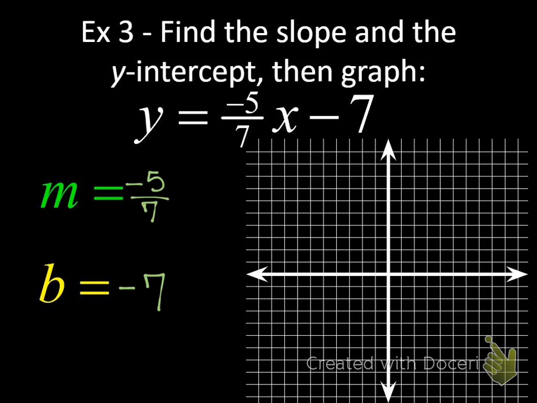Okay. So what do I graph first? -7. So I go to my origin, up or down? Down. 1, 2, 3, 4. And then my slope from there, -5/7. So we have a problem, right?